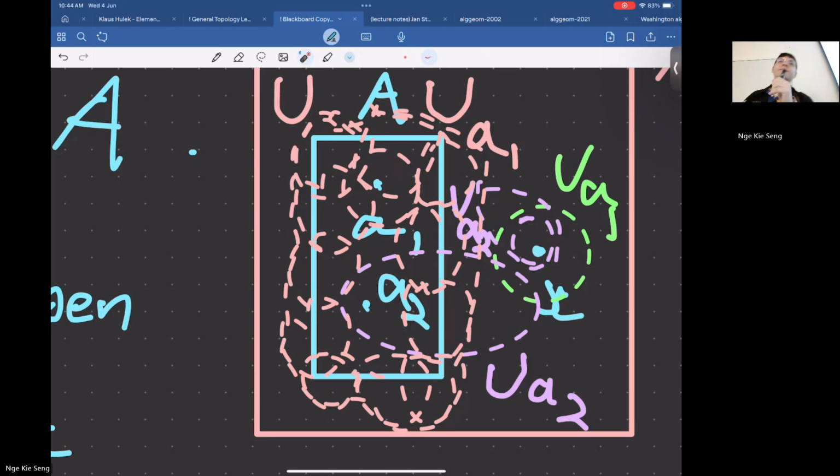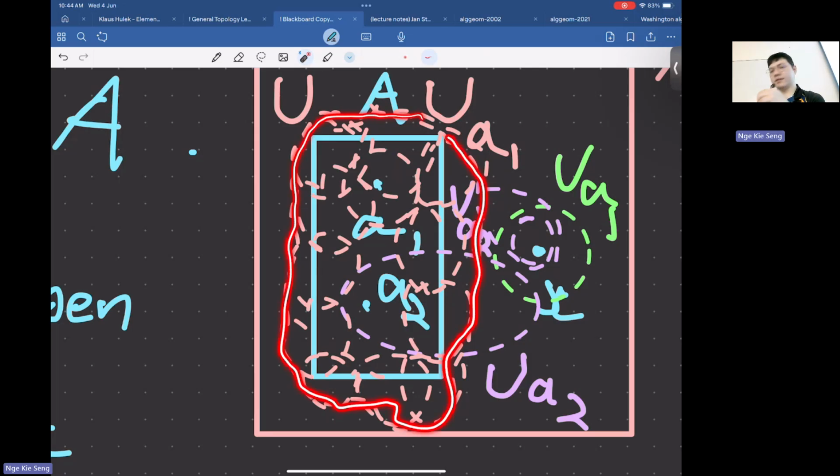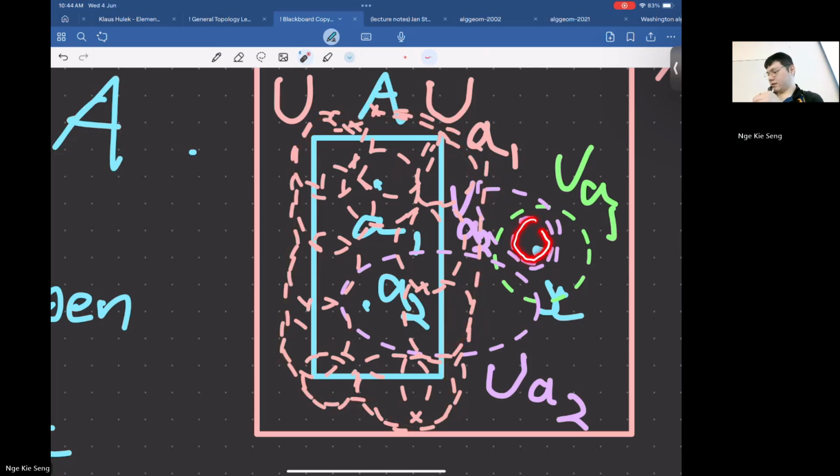Yes? You can't touch the boundary also, right? Oh, wait, say again? So you mean your compact set is here. This is your compact set, and then... Possible, you go back and try.